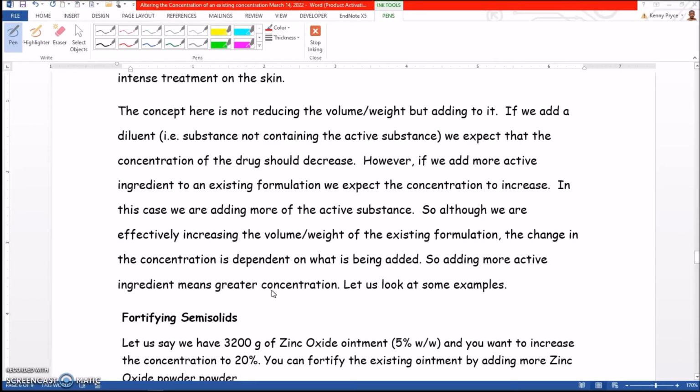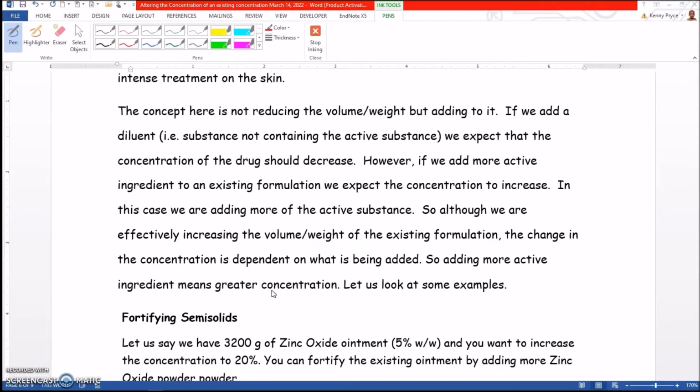The concept here is not reducing the volume or weight, but adding to it. So if we add a diluent, we expect that the concentration of the drug in that formulation would decrease. However, if we add more active ingredient to an existing formulation, we expect that the concentration will increase. In this case, we are adding more of the active substance.